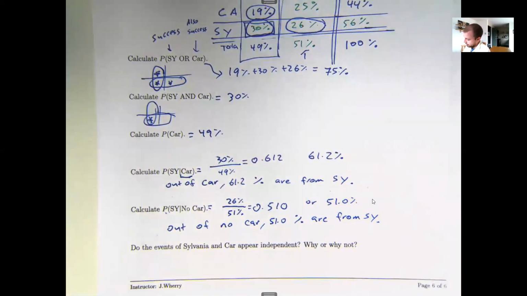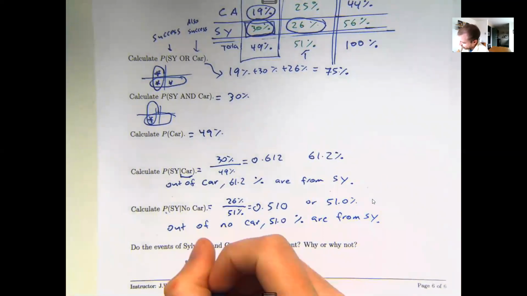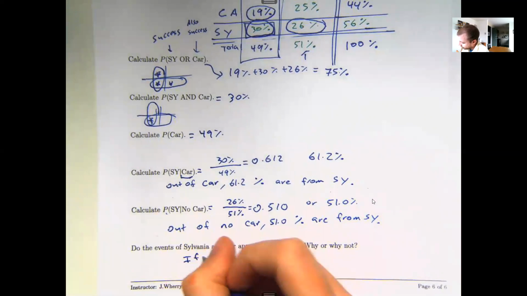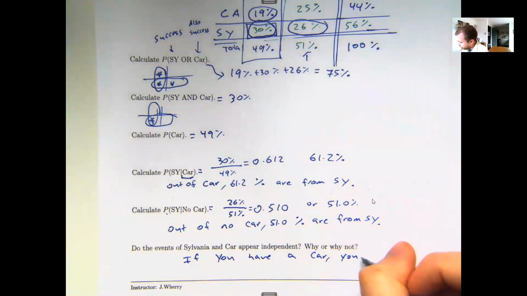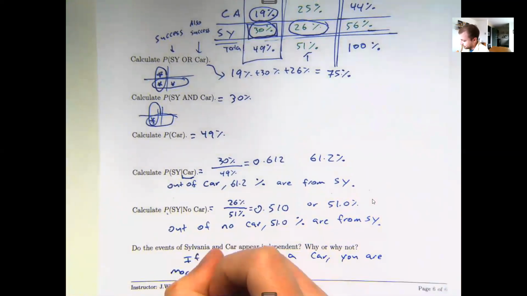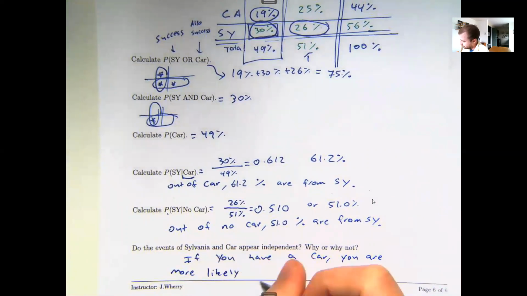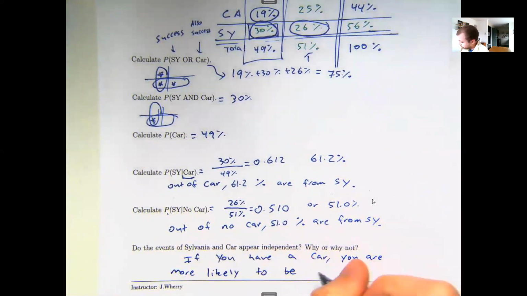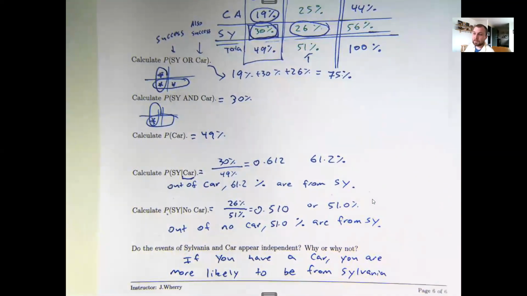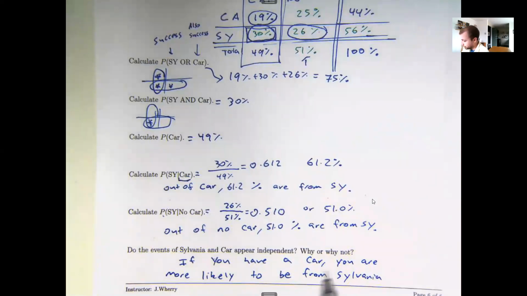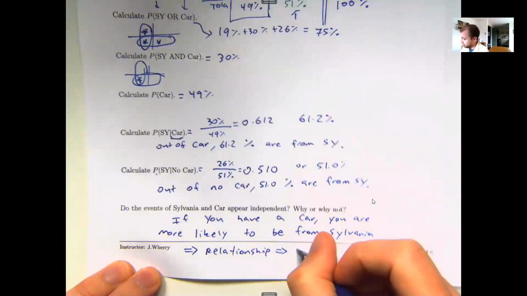In this case, it looks like if you have a car, you are more likely to be from Sylvania. So it looks like there's a relationship between these variables. And if there's a relationship, this is telling me that the events appear to be dependent.